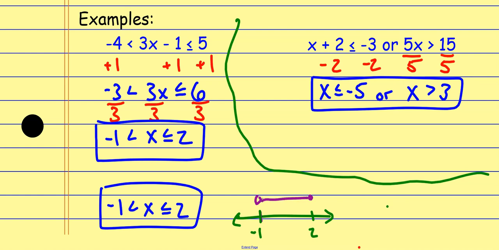We run into issues if I had something that looked like this. Imagine if I had 2 less than x less than or equal to -1. See, that's a problem, because how can x be bigger than 2 but less than -1? Okay, so just watch out for those values in terms of least to greatest. If it gives you impossible situations, well, the graph will help us identify that.